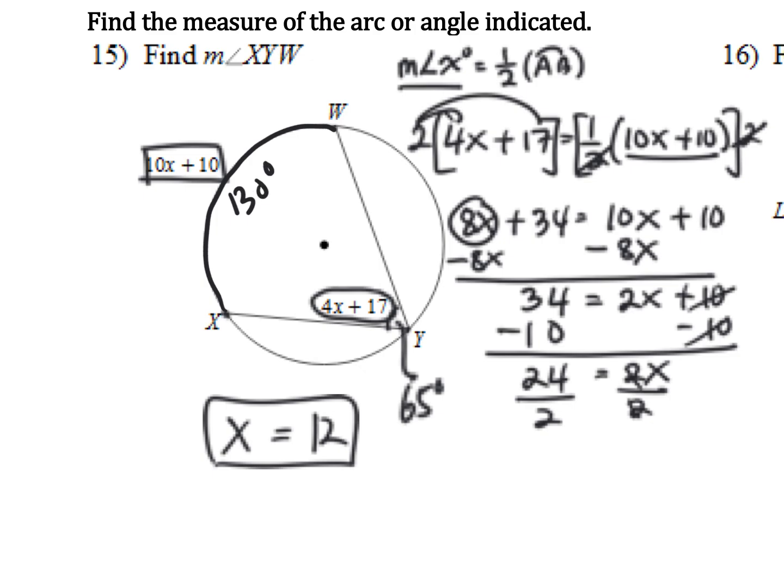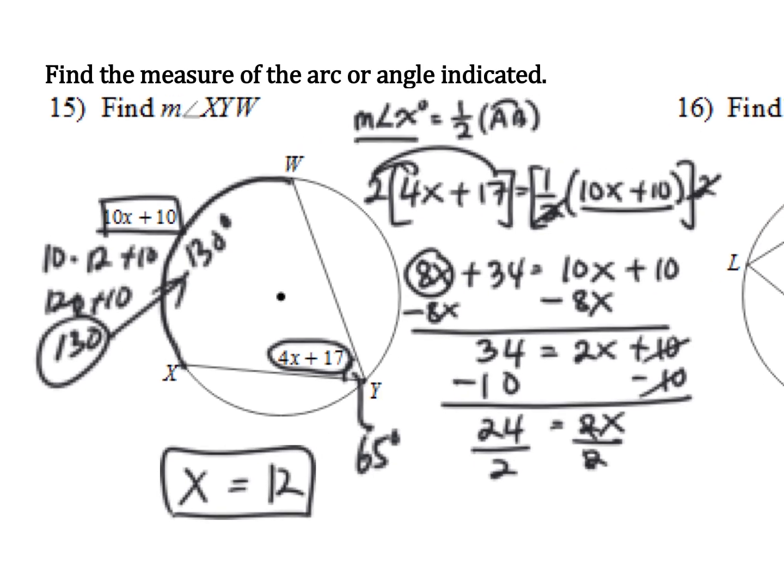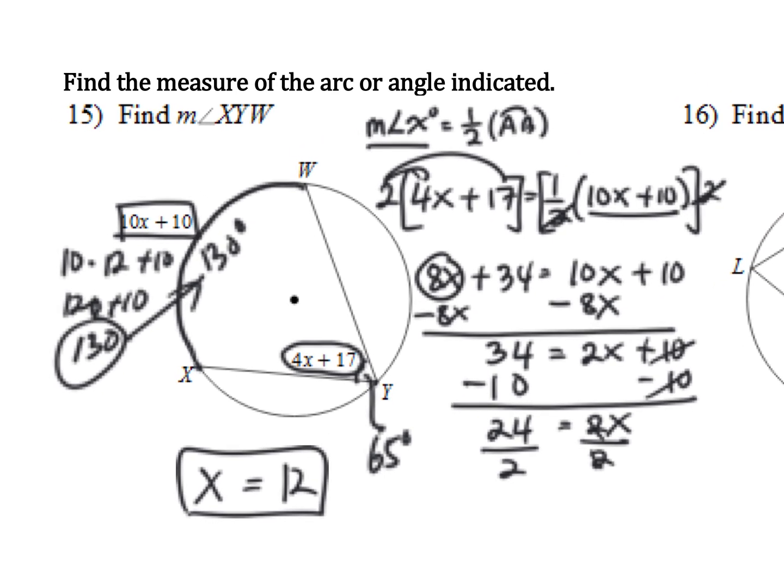Now let's substitute the value of 12 to this. 10 times 12 is 120 plus 10 is going to give you 130, which confirms our computation. Therefore, our answer x equal to 12 is correct.